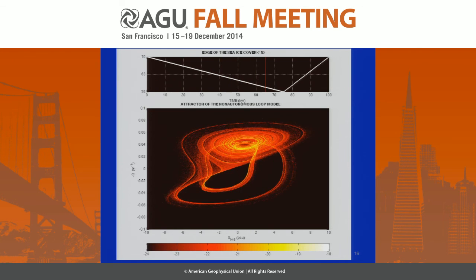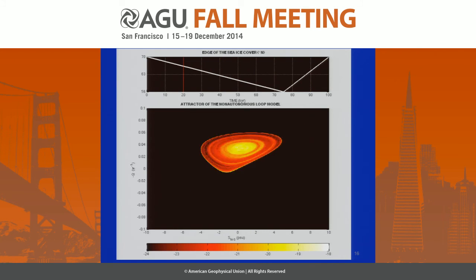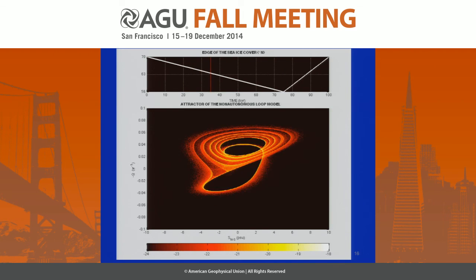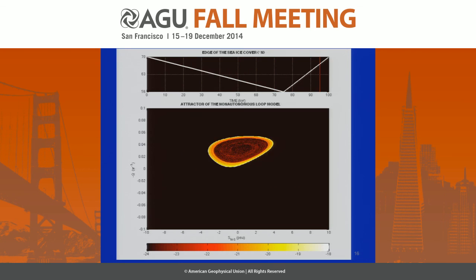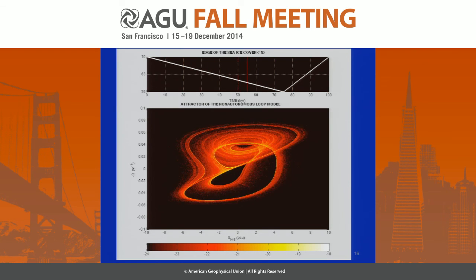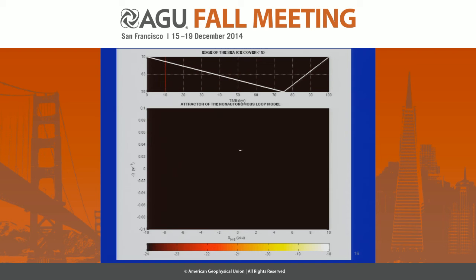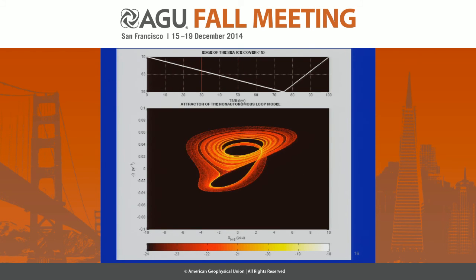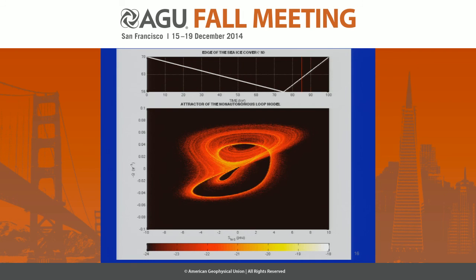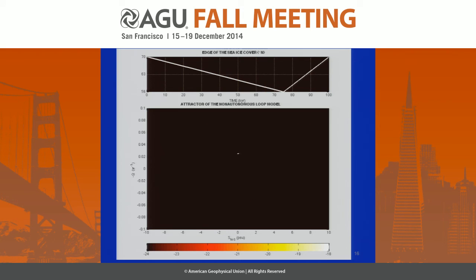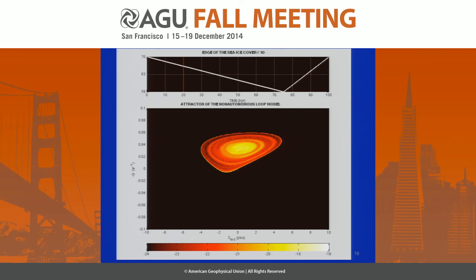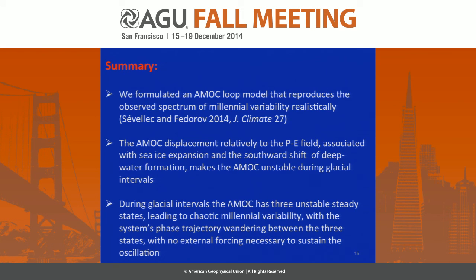The question is why GCMs seem to not do these things. So far, GCMs have the tendency to be really stable, so it only wants to be stable, even in glacial. So what is your opinion of that? Well, first of all, again, I have to emphasize that for the modern state, we have a completely stable state. For the glacial state, the question is how strong this instability is.